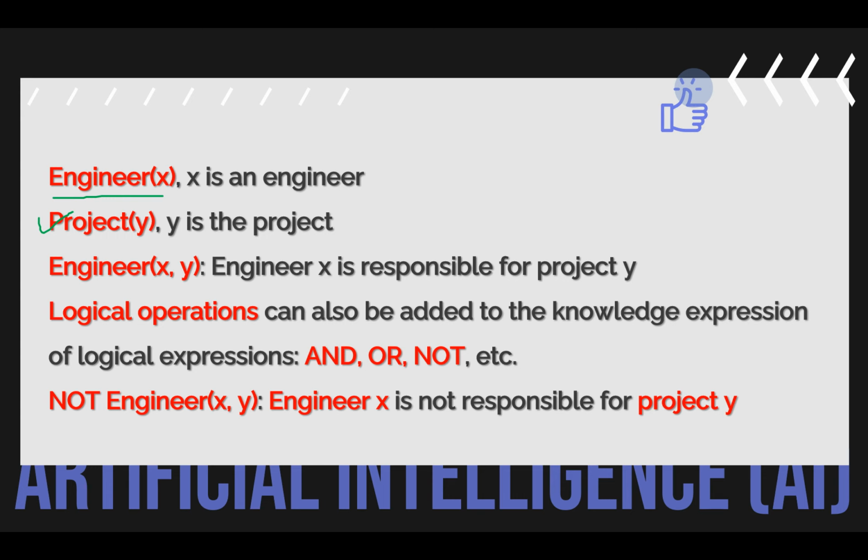If you put the engineer of X and Y, that means the engineer X is responsible for project Y. So that would be a simple equation. If you look at the equation, you will know the explanation.